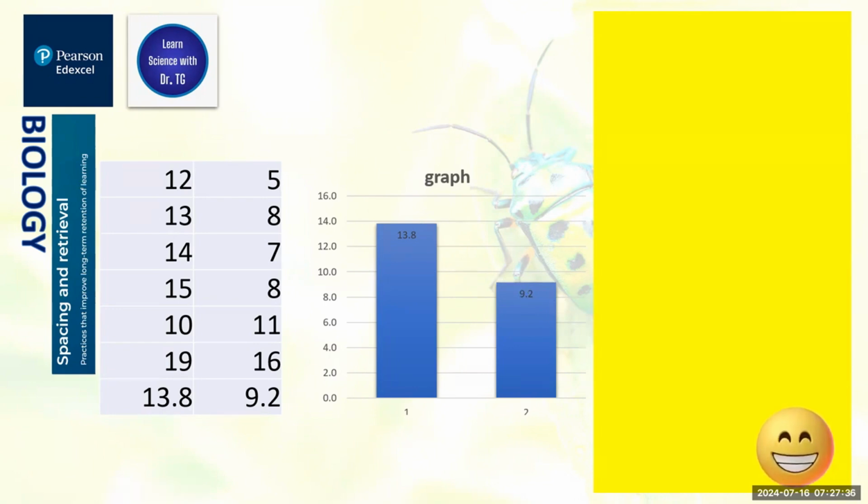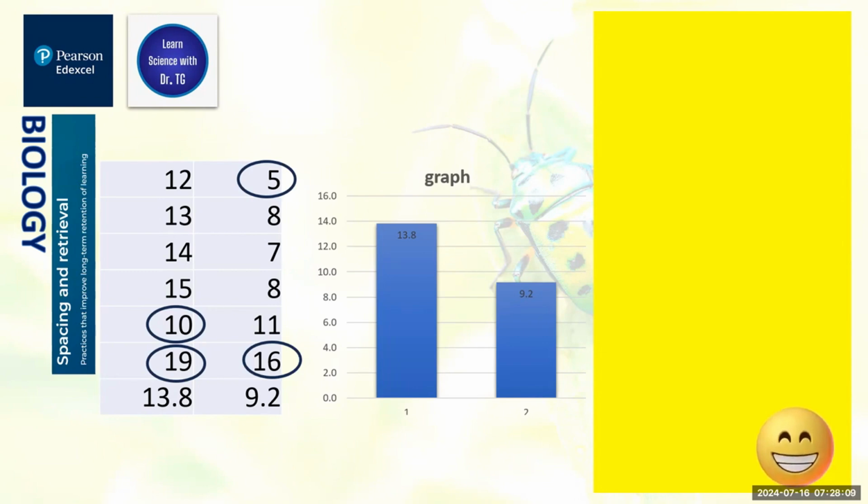Then what we do in statistics: in the first set of data, we find the highest value and the lowest value. The highest value is 19, the lowest value is 10. In the second set of data, we do the same thing. We take the lowest value and the highest value, 5 and 16. To make it valid, we show the mean value with the range from its lowest to highest value.